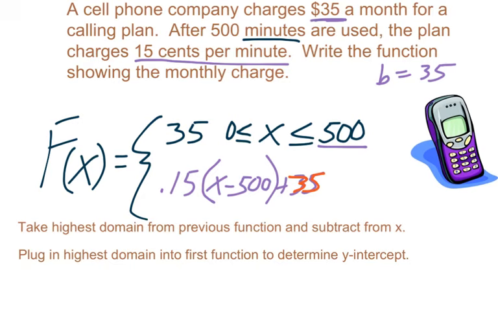So we'll say that x has to be, we've already used 500, so it has to be greater than 500. It cannot be equal to 500. And that would be my domain. So if you went over your minutes, you would plug it into the second function. If you did not go over your minutes, your cost would just be the 35.